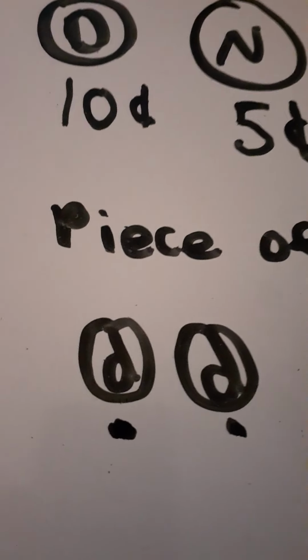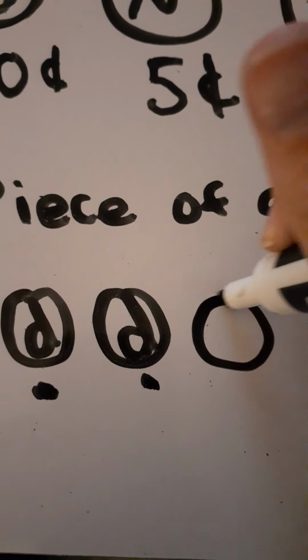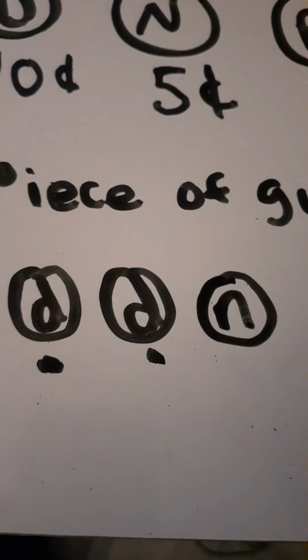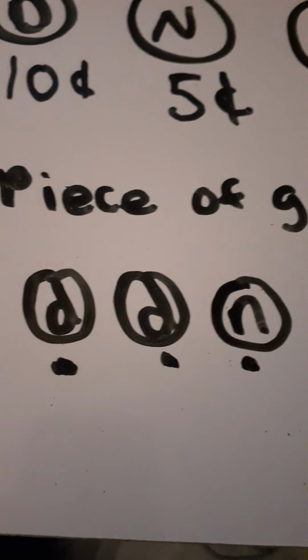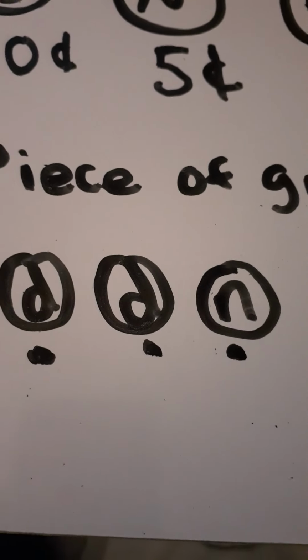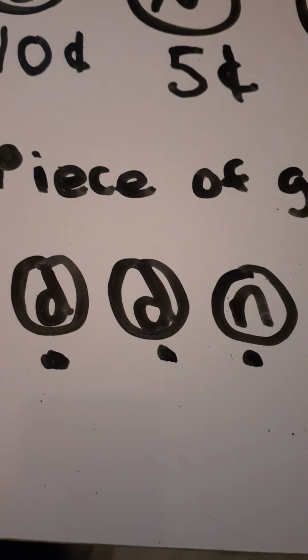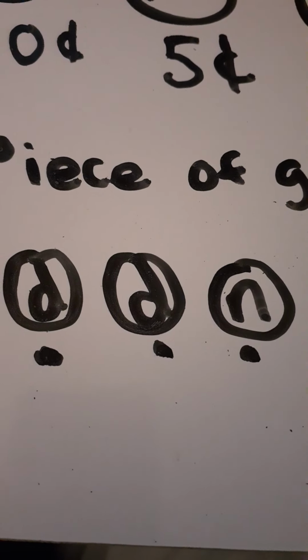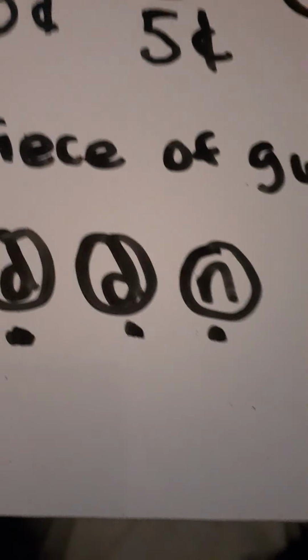So we could also use a nickel. So we have 10, 20, 25 cents. But you don't have to pay with a dime, 2 dimes, and a nickel. What else could you do? Think about what else you could pay with.